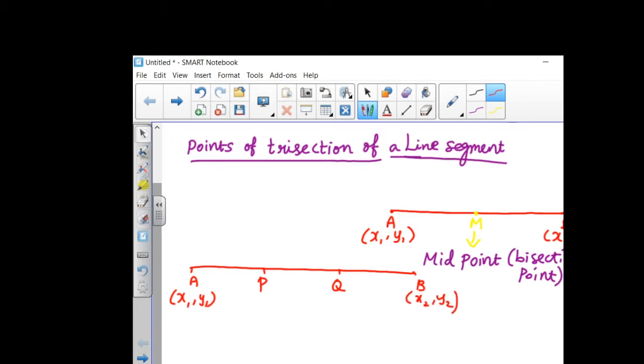If you want to find the points P and Q, these two points are dividing the line AB into three equal parts. Let us see how to find them.